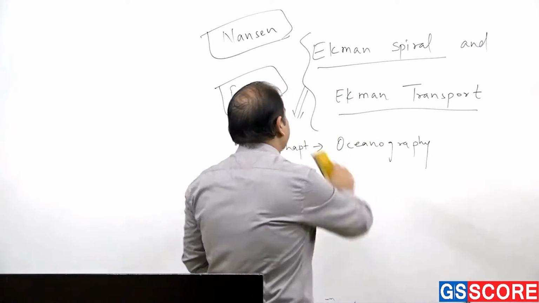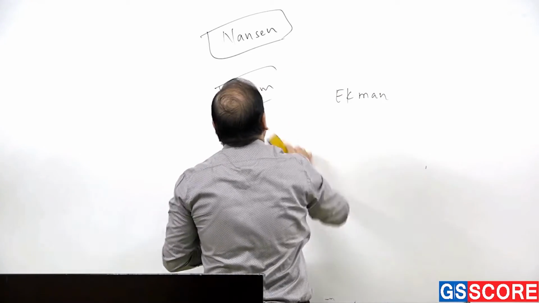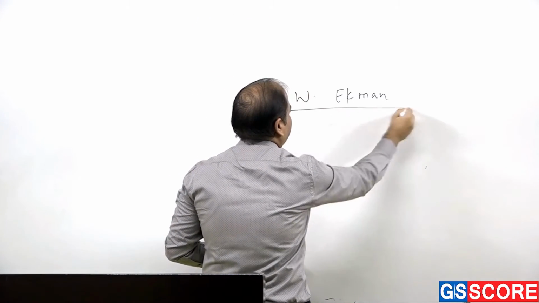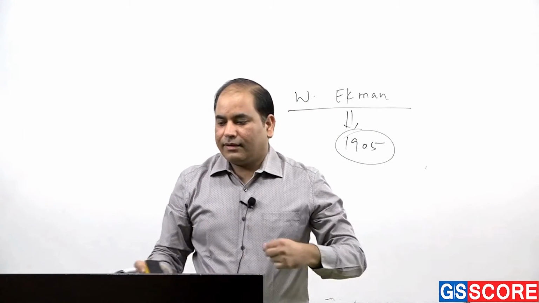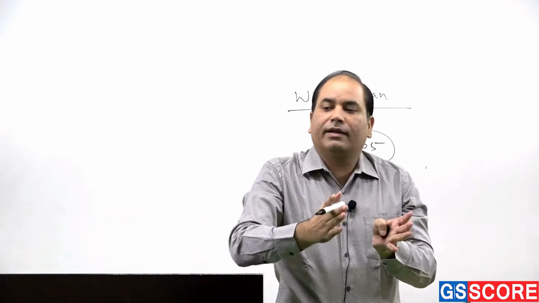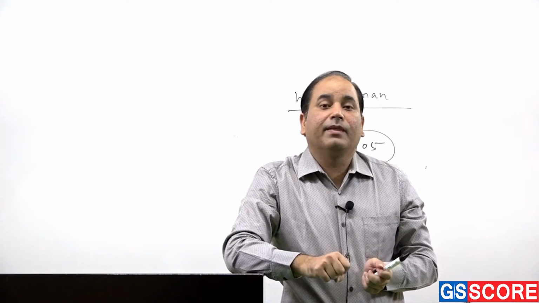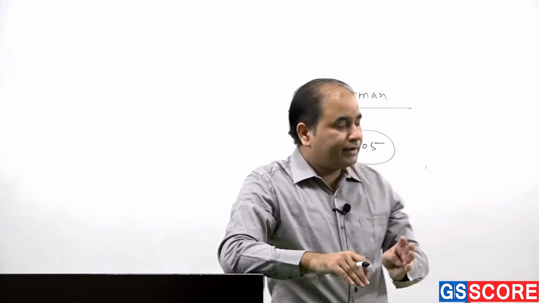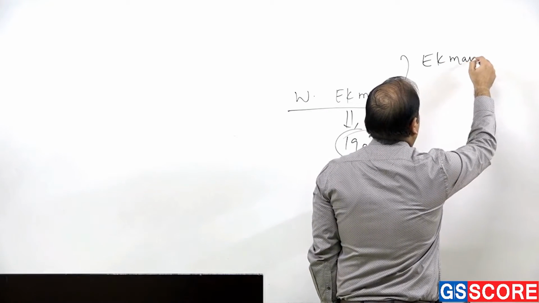To solve that mystery, a very famous physicist named Ekman presented a model in 1905 to explain why these oceanic objects, or the upper superficial water, are not following the movement of the wind.